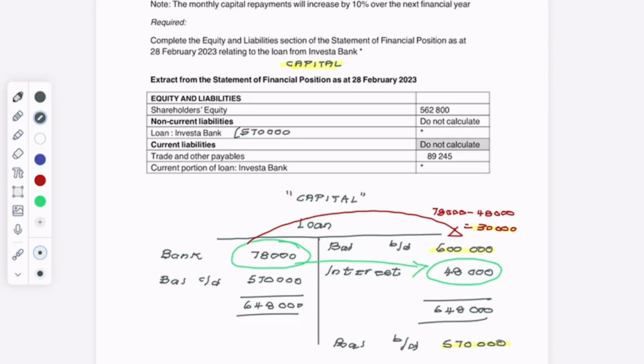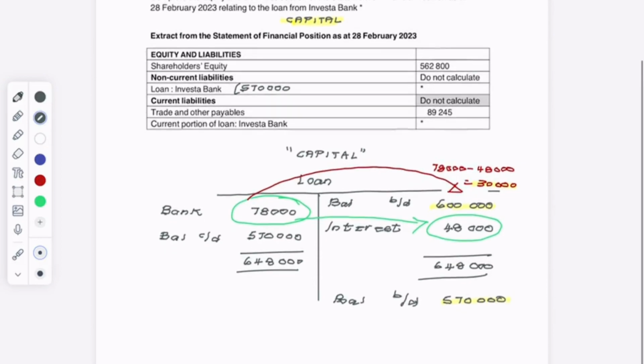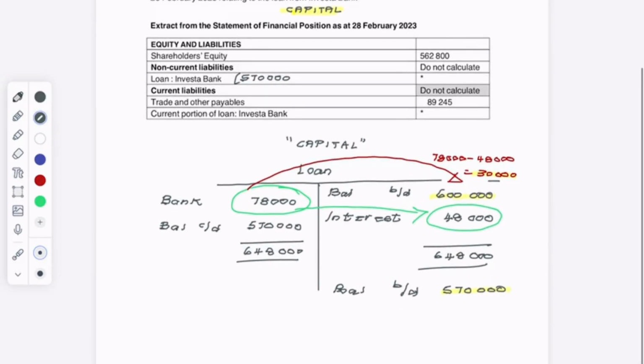But we've got a current portion of the loan here, and we're told it's going to increase by 10% over the next financial year. We paid 30,000 in the current financial year. Therefore, in the next year, it's going to be 30,000 plus 10%. So that will be 33,000.